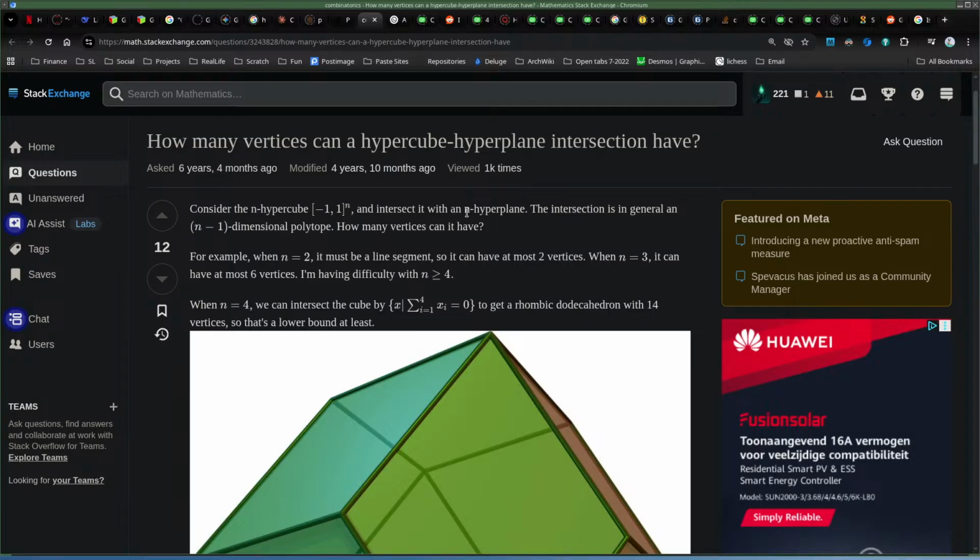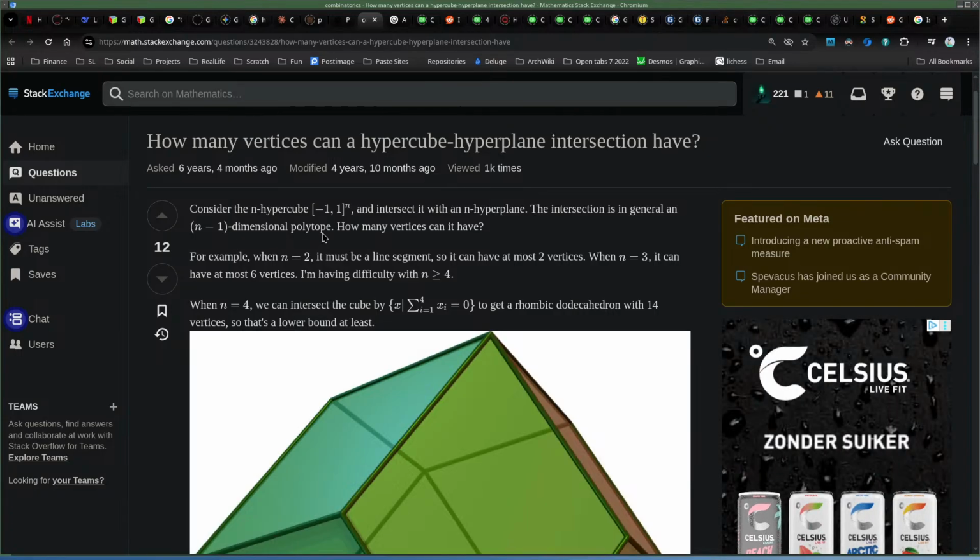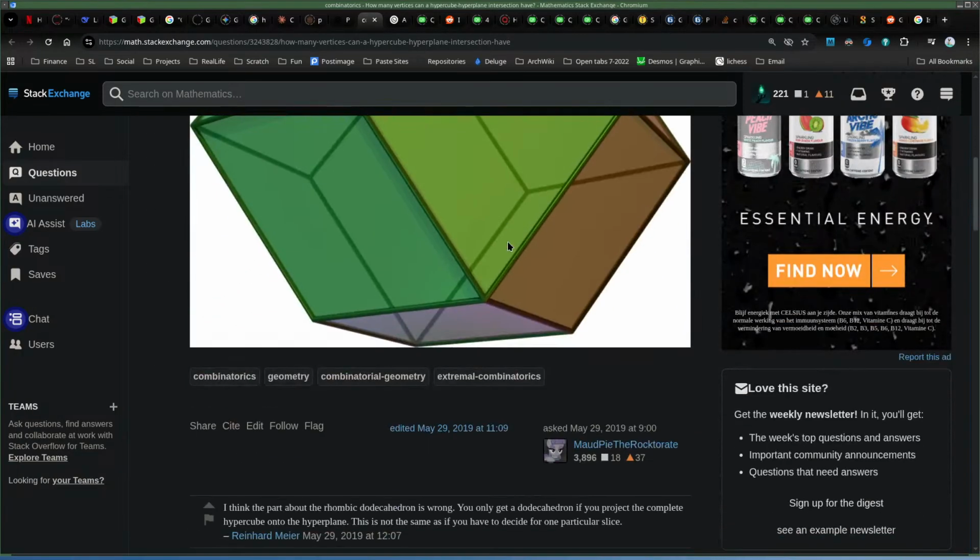He meant n minus 1 hyperplane, I bet. The intersection is in general an n minus 1 dimensional polytope. How many vertices can it have? So I just added this. This is just nonsense. I refuse to continue reading this.